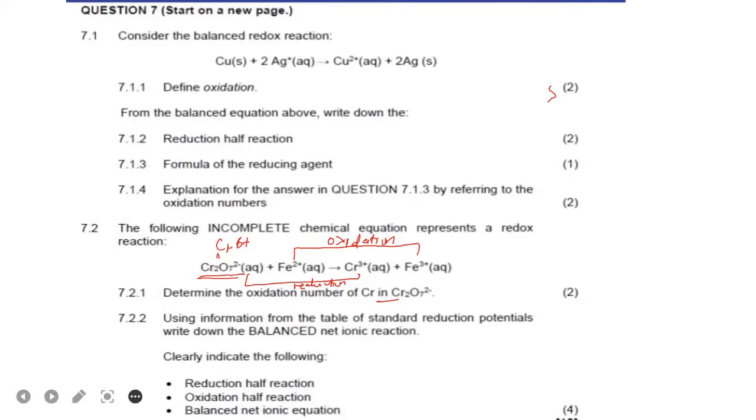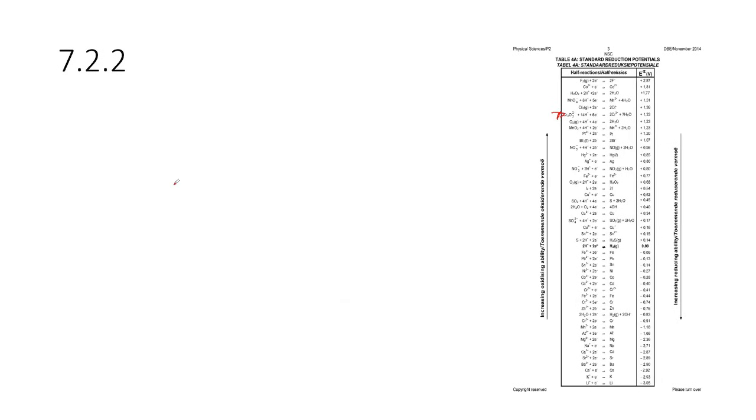Now we know in terms of writing the reduction half, remember with reduction, you simply take it as it is from the table, right? Because on our table, we are given the standard reduction potentials. So this is to tell you that everything that we see here is in the reduction format, as we can see that all the electrons are on the left-hand side, right?